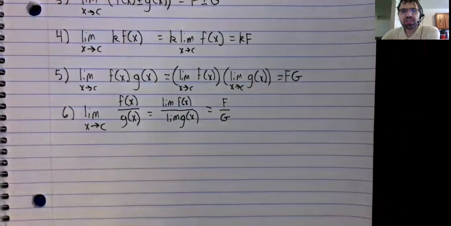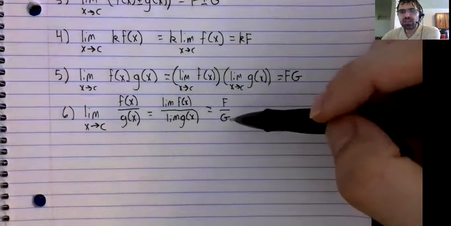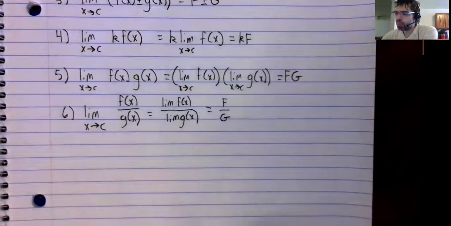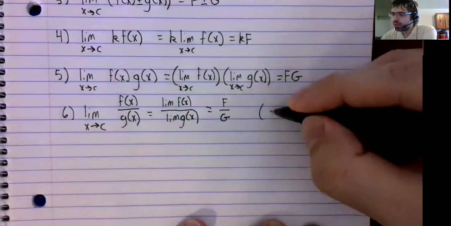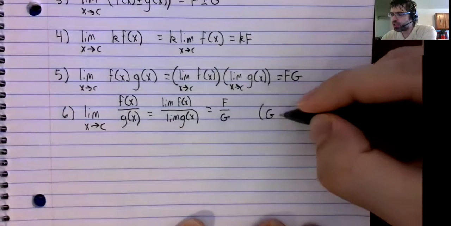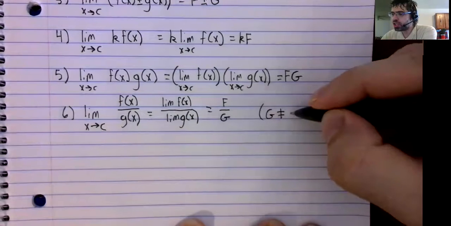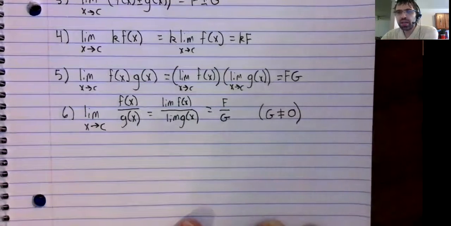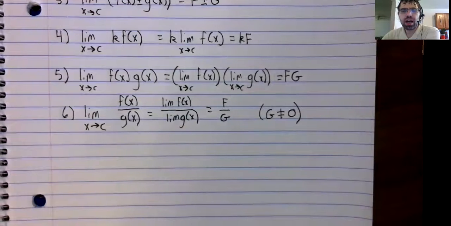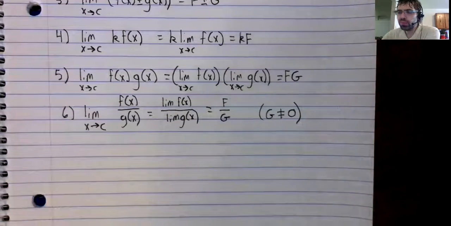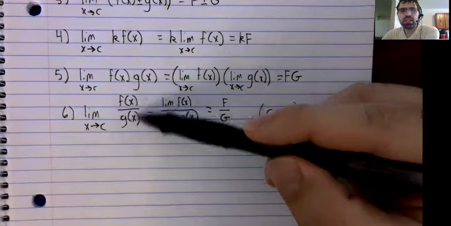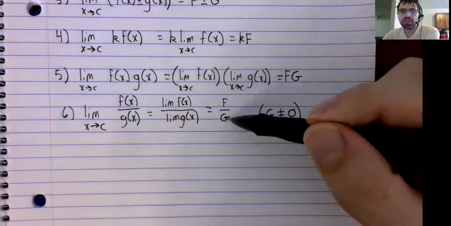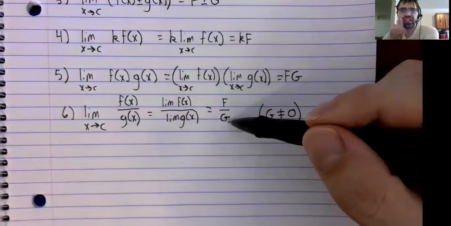But there's an exception because these could be any real number, and potentially g could be 0, and you can't divide by 0, so you can only use this rule if this bottom limit isn't 0.